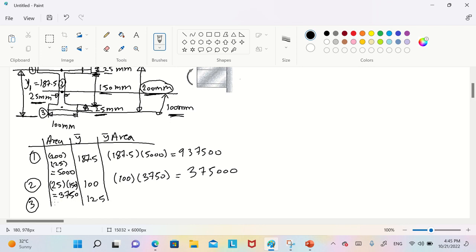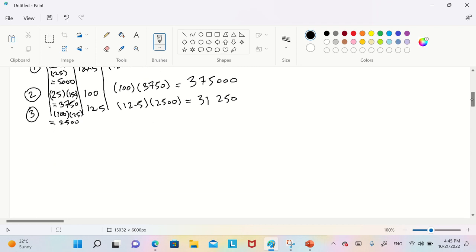Here the base is 100 times the height 25. You'll get 2500. 12.5 multiplied by 2500, you will get 31250.